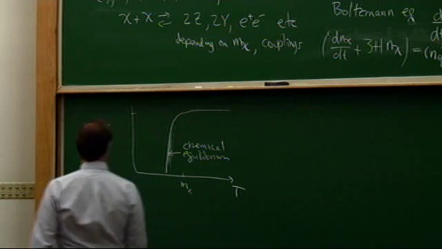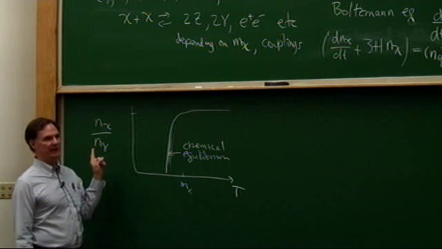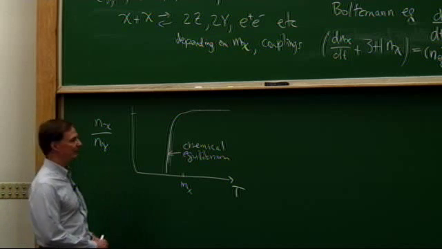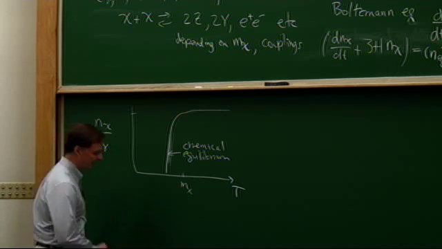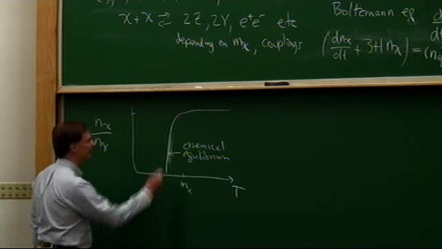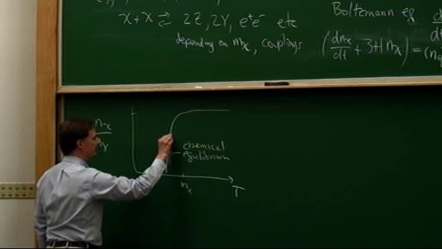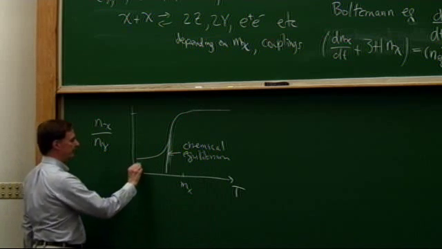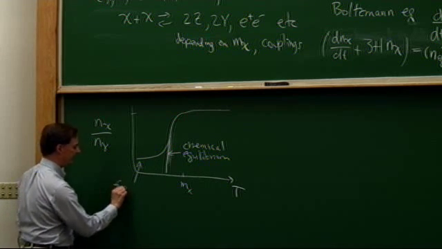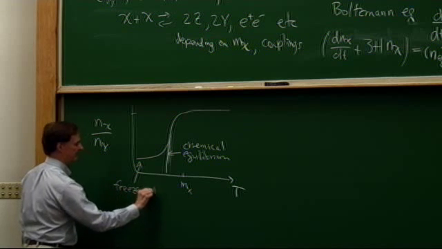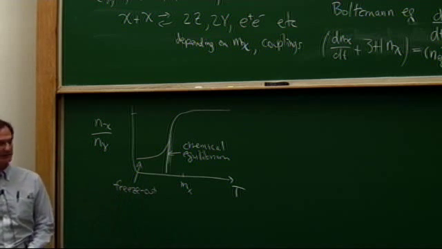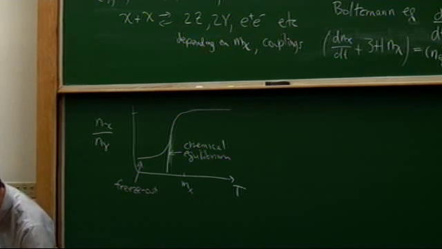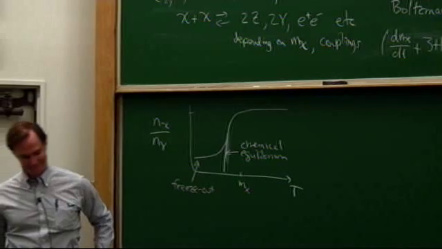So when the density of the chi particles gets small enough so that a typical chi particle will not find a partner to annihilate with in a Hubble time, or indeed in the rest of the age of the universe, this curve levels off from the solution of that equation like that. And this is the process of freeze out. And the abundance can be calculated just by integrating the Boltzmann equation. Sorry about that.